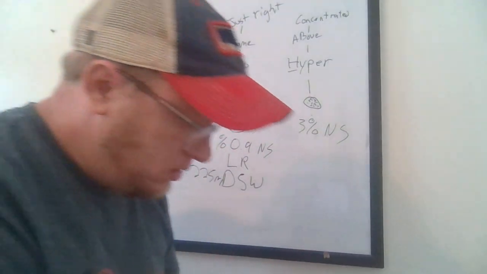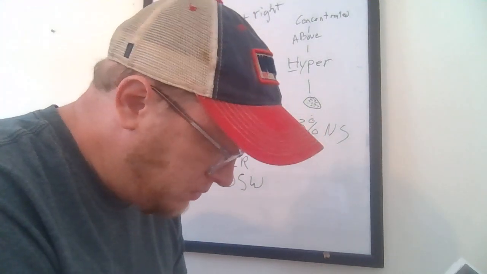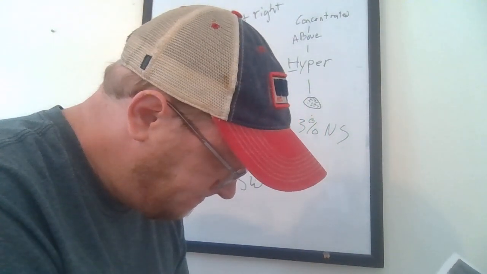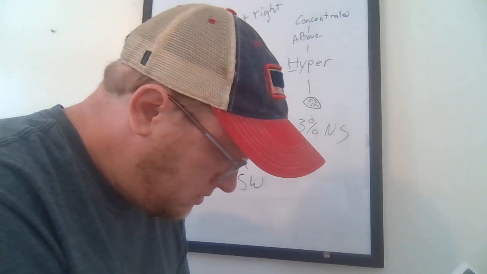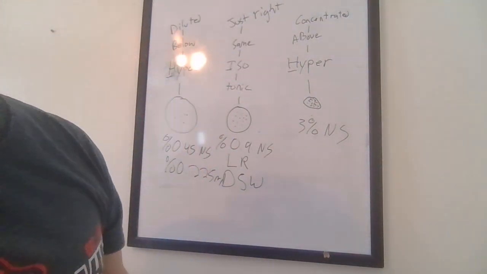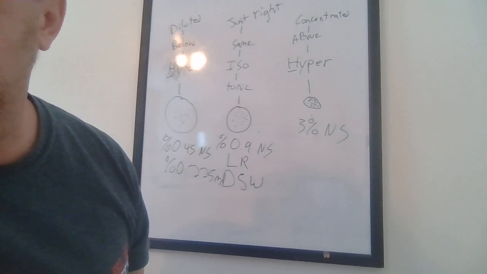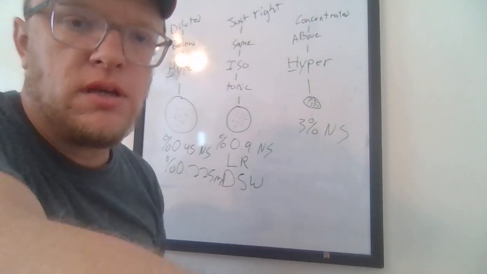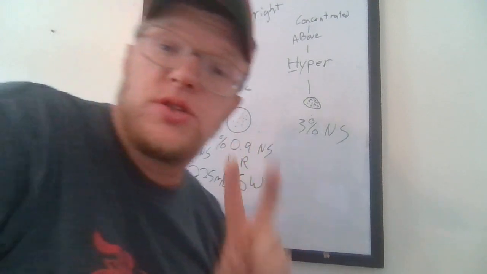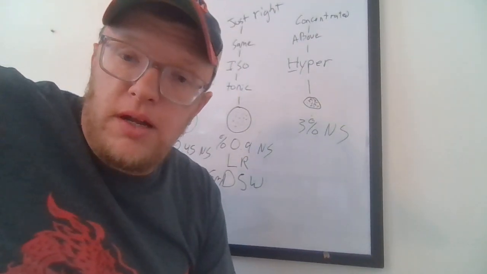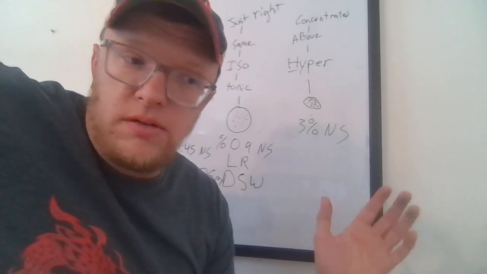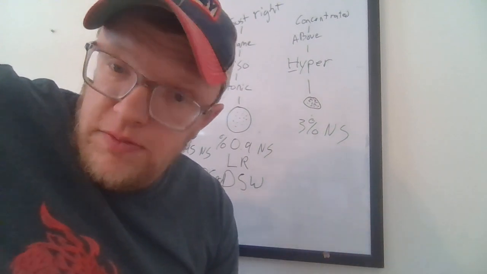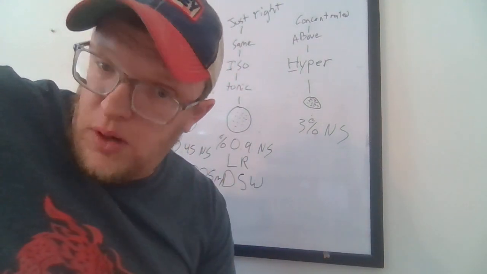So now that we've talked about the types of fluids, let's move on to the next page. We're going to talk about two major conditions that we're really worried about in this portion of fluid and electrolytes that we're studying: fluid volume deficit and fluid volume overload.